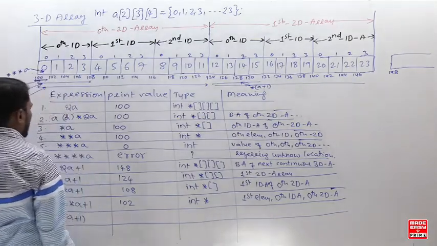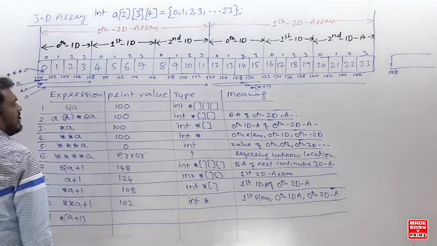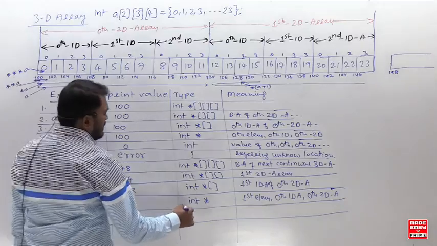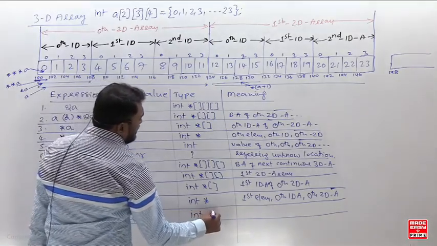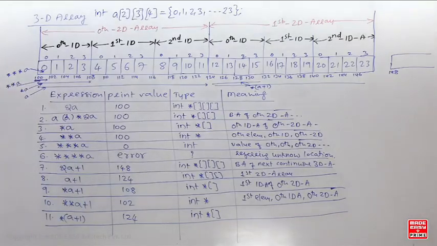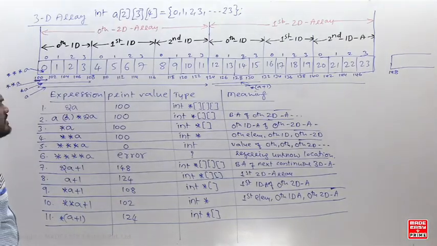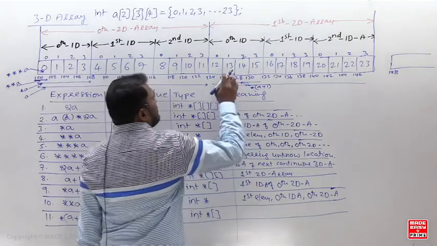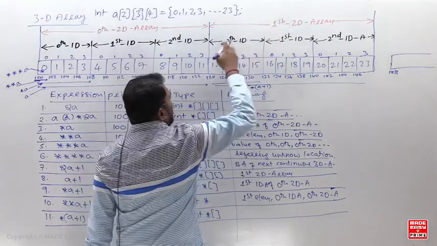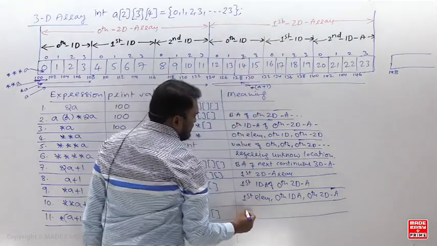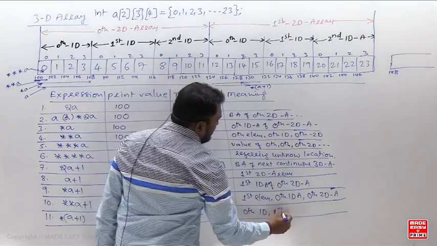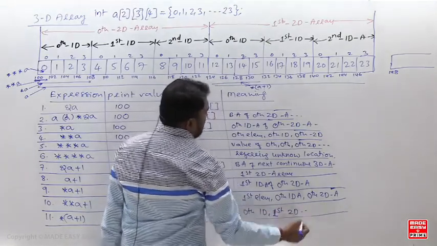It will print 124, but the type is int star with single braces, because it is pointing to a 1D array. So it is the base address of the 0th 1D array of the first 2D array.